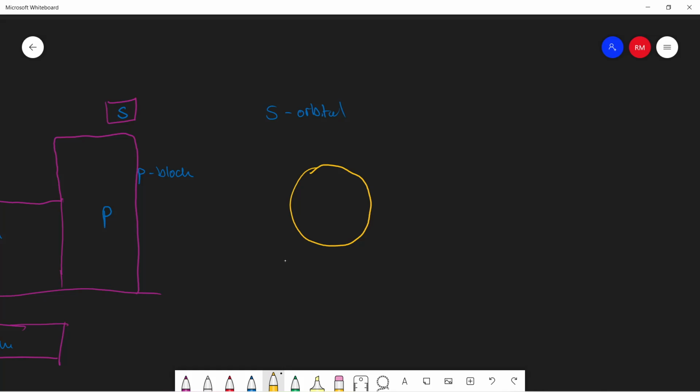So it's not to do with the shells. The orbitals are arbitrary from the shells. Each shell, n=1, n=2, n=3, n=4, contains 1 s orbital. And each s orbital can hold up to 2 electrons.